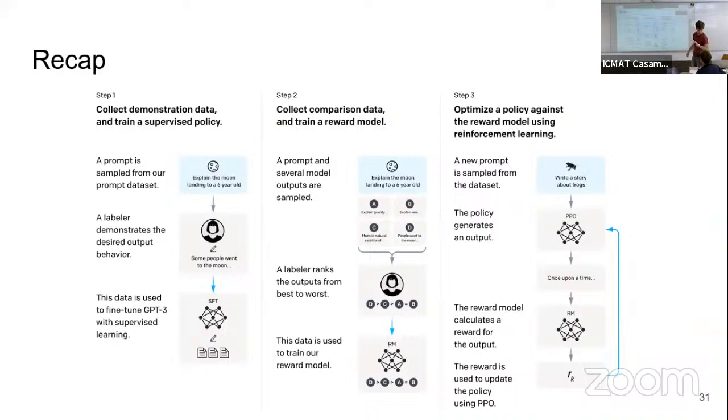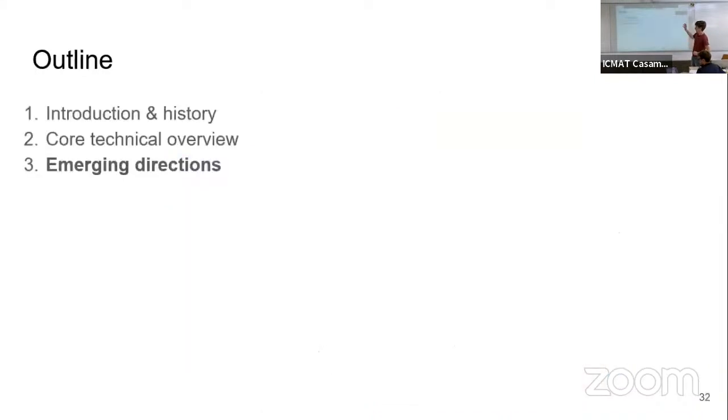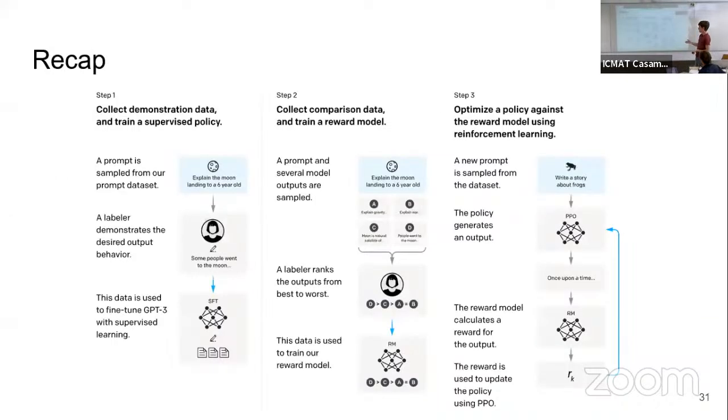So now, I'm good on time. To finish, in the next 15 minutes, some emerging directions on what people are doing with this. As you have seen, reinforcement learning from human feedback is not really complex, and also it's not really reinforcement learning because it's just the PPO optimizer. A lot of people believe that reinforcement learning from human feedback is a bad name because there is not much reinforcement learning.